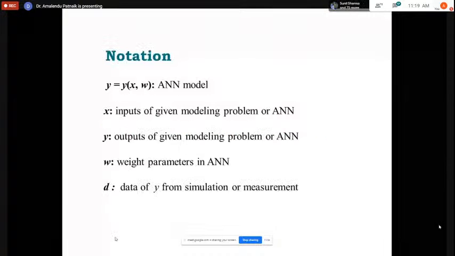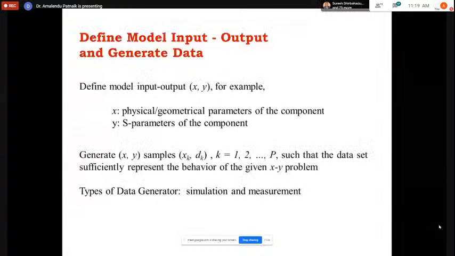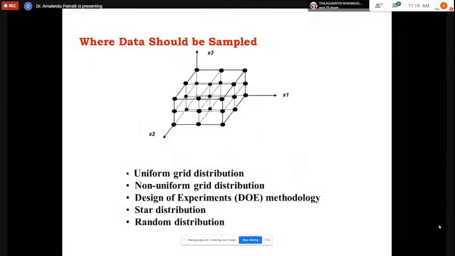We are not going into the details of the training of neural networks. Those things are already there in the literature. You will find a lot of literature on training of neural networks. But another thing to see is when you are generating data, particularly in antenna engineering, because it is very difficult to get proper data in antenna engineering.